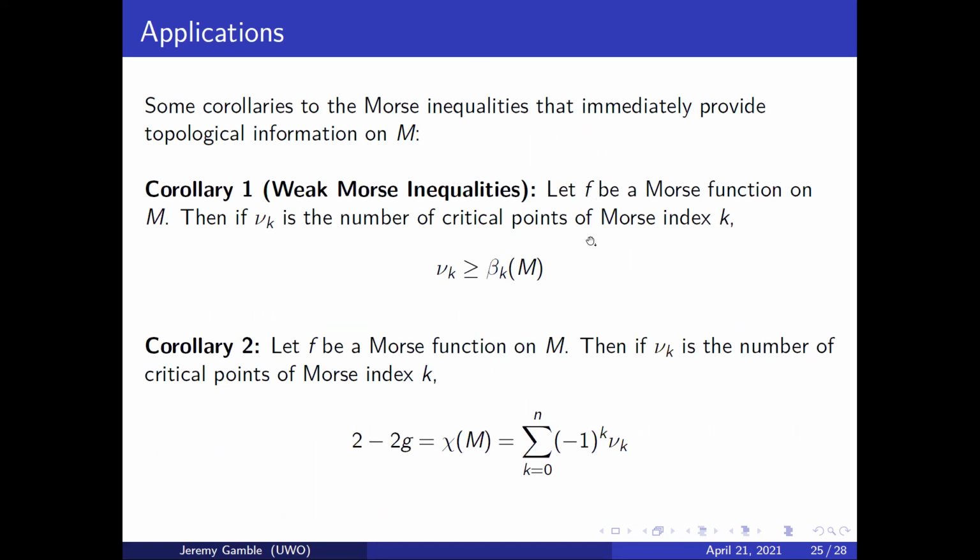You get the weak Morse inequalities by taking the sum of two adjacent Morse inequalities, essentially the ones associated with k and k minus 1, and then you get a bound on the kth Betti number of M. So if you can find a Morse function which exhibits a certain number for nu sub k, then you have a bound on essentially the dimension of that associated cohomology group.